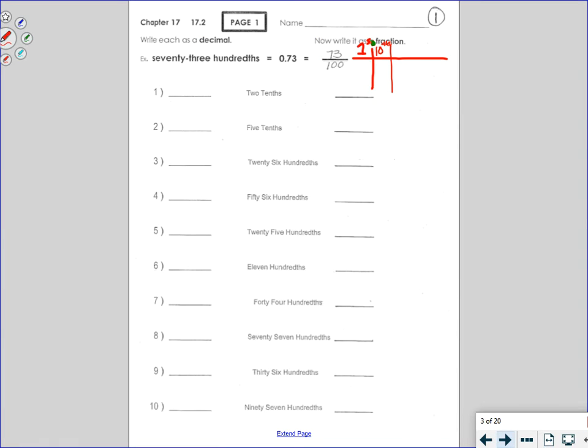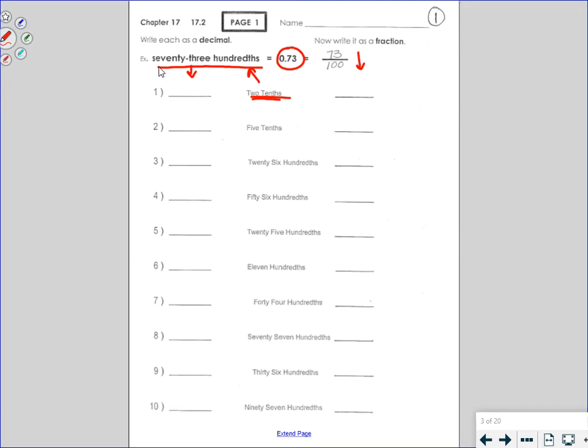Example: 73 hundredths. We have 0.73 because it takes our word form and then we write it as a fraction. Fractions go down this way, decimals go down this way. So 2/10.